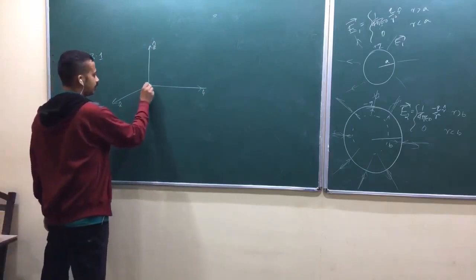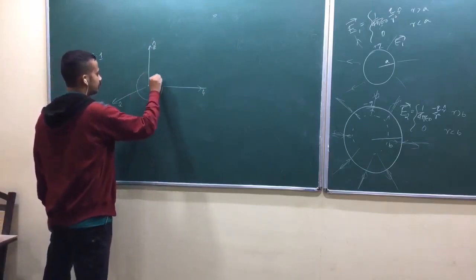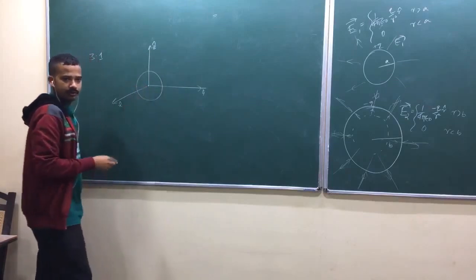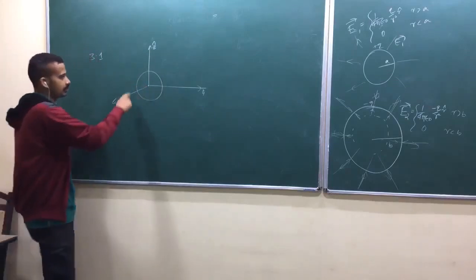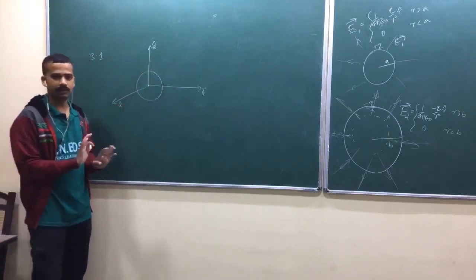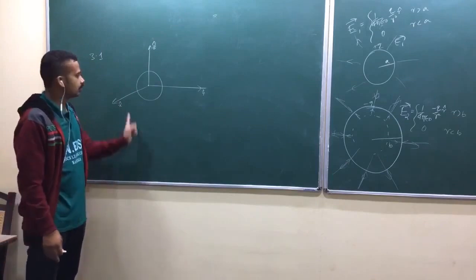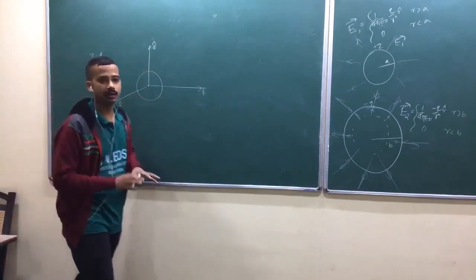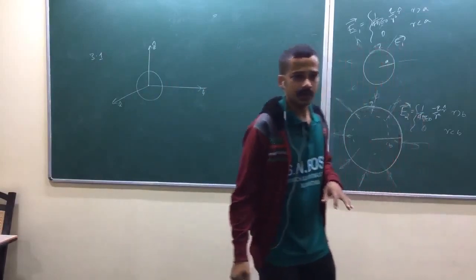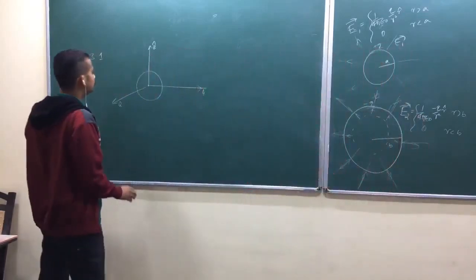I'm going to take one sphere centered at the origin. There are no other charges placed at this point, and no charges on the surface either. I'm not taking a spherical charge distribution. This is the imaginary surface over which I'm finding the average of the potential. Now look here: you have two situations.